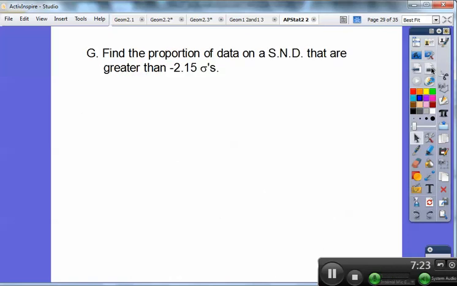All right, so find the proportion of data on a standard normal curve that are greater than negative 2.15. Negative is on the page when you just open up your book, so go down to negative 2.1, and then scroll over to the column of 0.05. I see 0.0158.